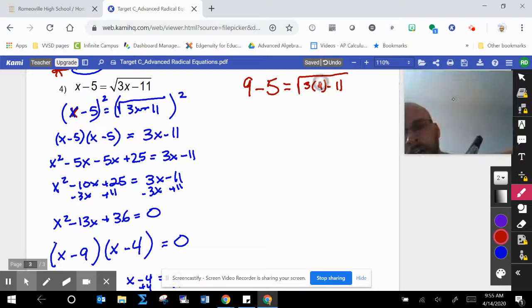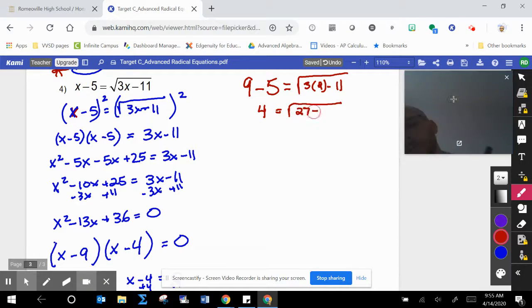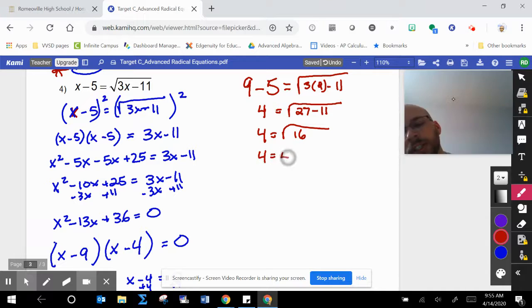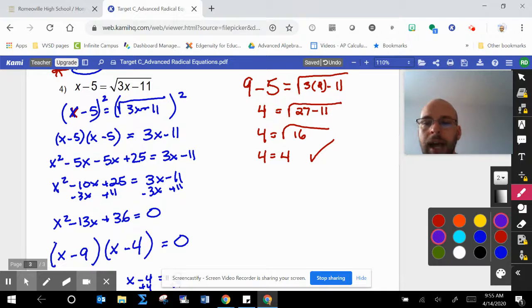Let's make that look a little better. So I have 9 minus 5 is 4 equals the square root of 3 times 9, which is 27, minus 11. So 4 equals the square root of 27 minus 11, which is 16. And the square root of 16 is 4. So that checks out. Okay, so I know 9 is a solution.